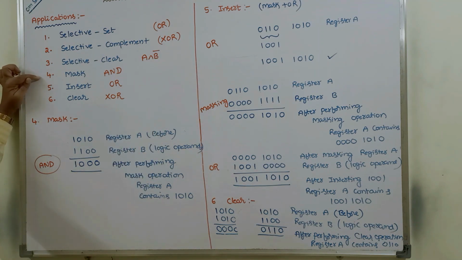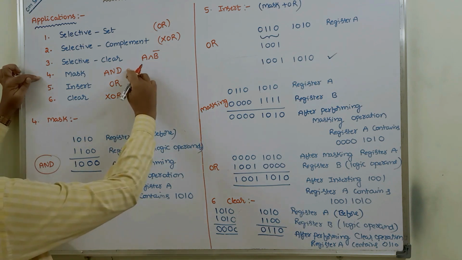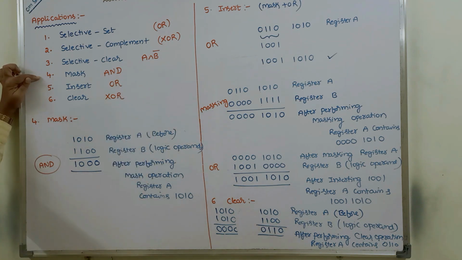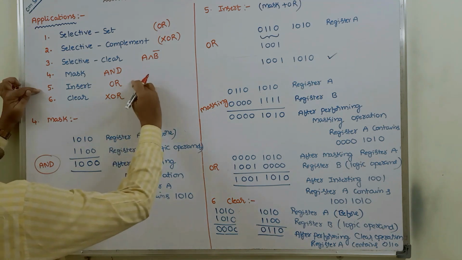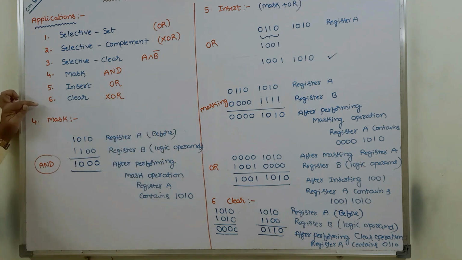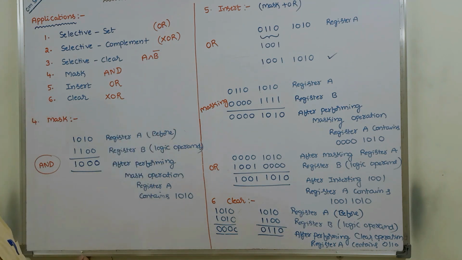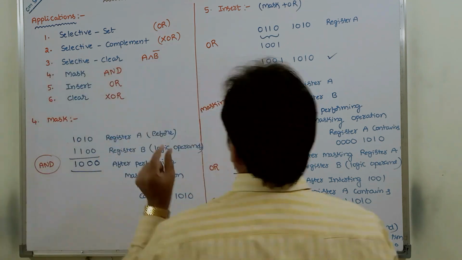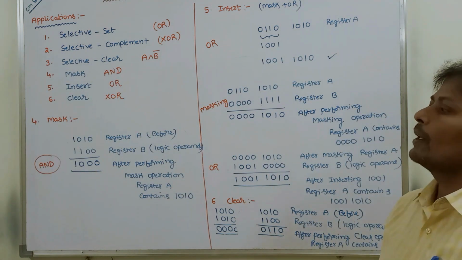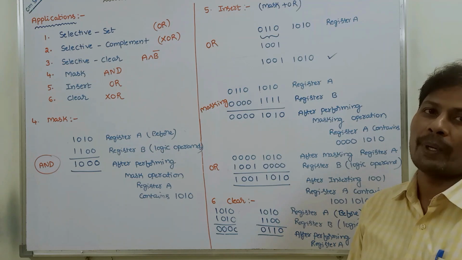Mask operation can behave like a logical AND micro operation. Insert operation works like a logical OR operation. Clear operation works like an exclusive OR micro operation. So these are the 6 applications of logic micro operations.